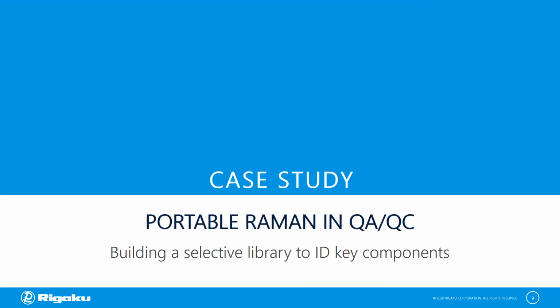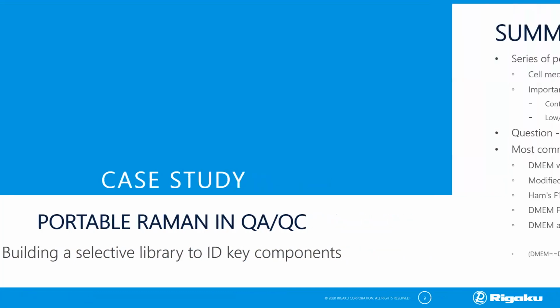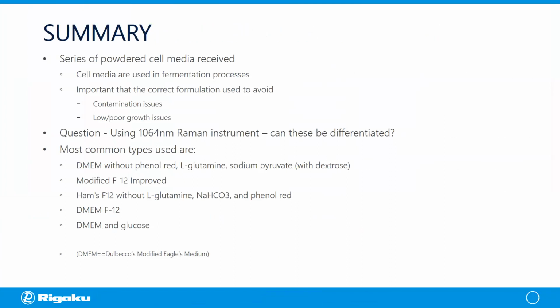So it's very important that the correct cell media be added to a fermentation to make a biopharmaceutical product. Okay. So the cell culture media can be used for the growth of cells in a biopharmaceutical production.